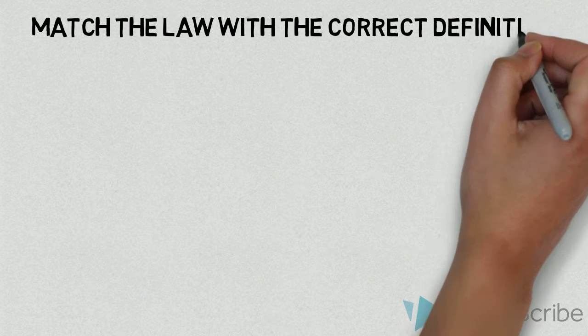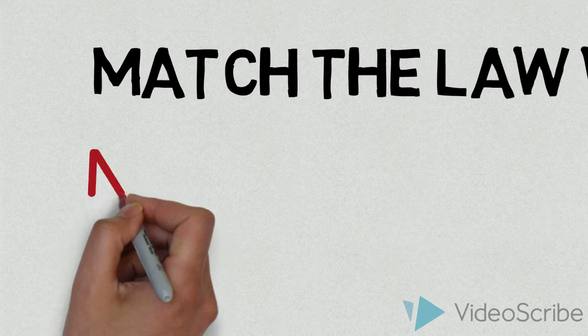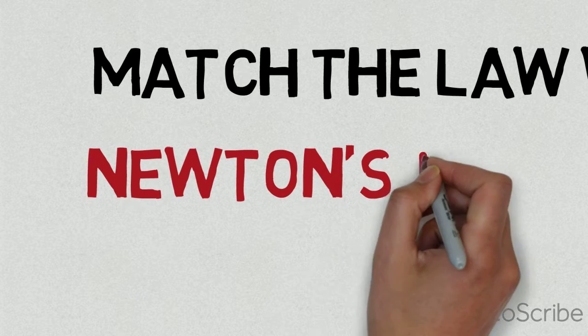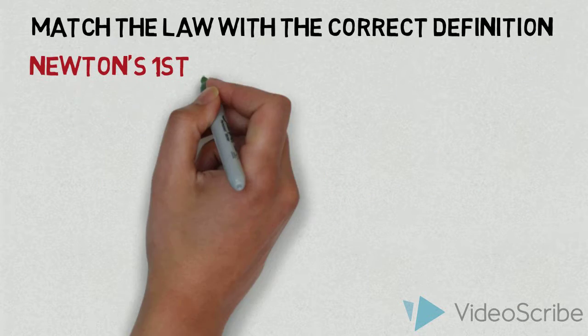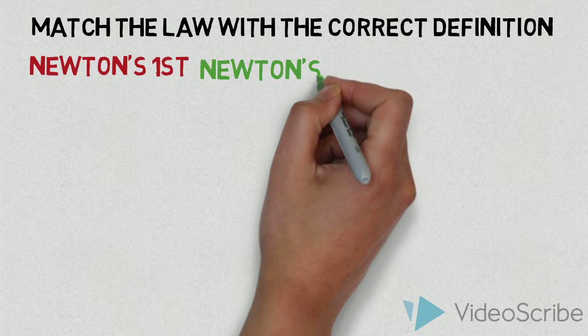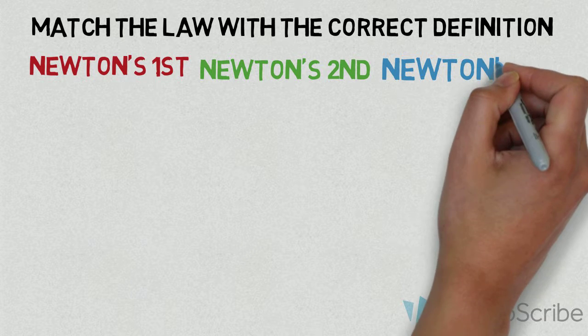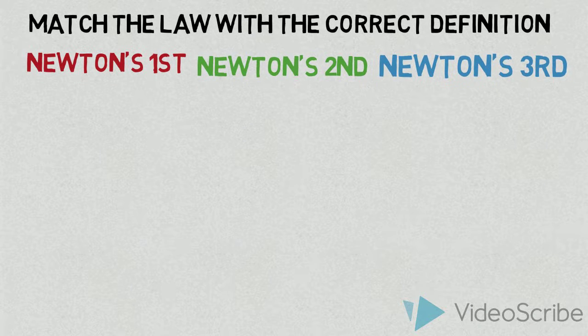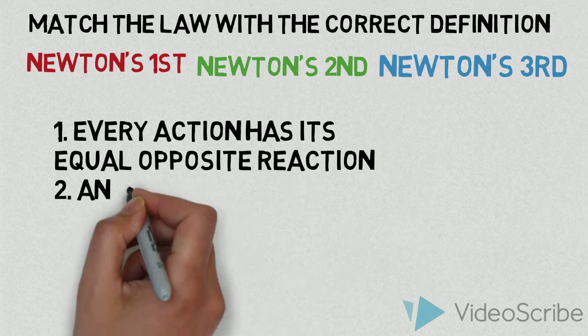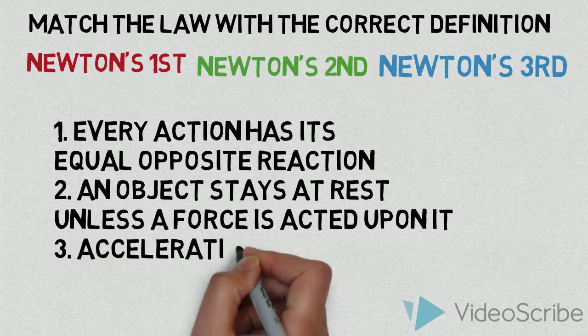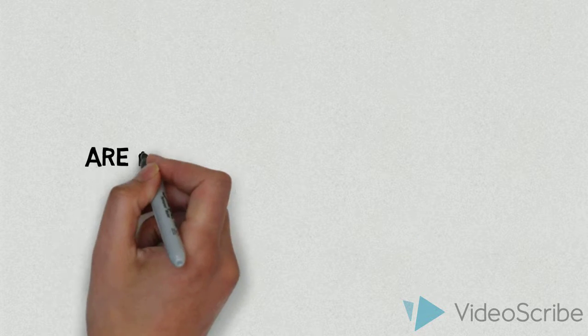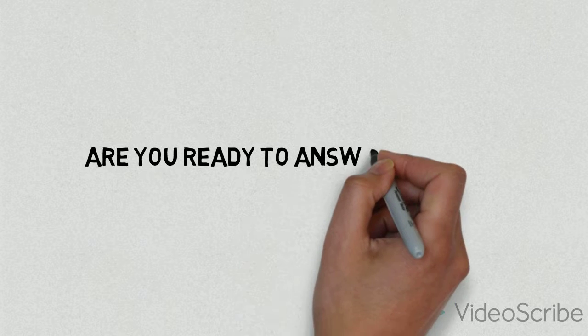So we're going to match the law with the correct definition. So here we have Newton's first law, Newton's second law, and Newton's third law. Here are each definitions, and they're not in order, so we have to put them together.